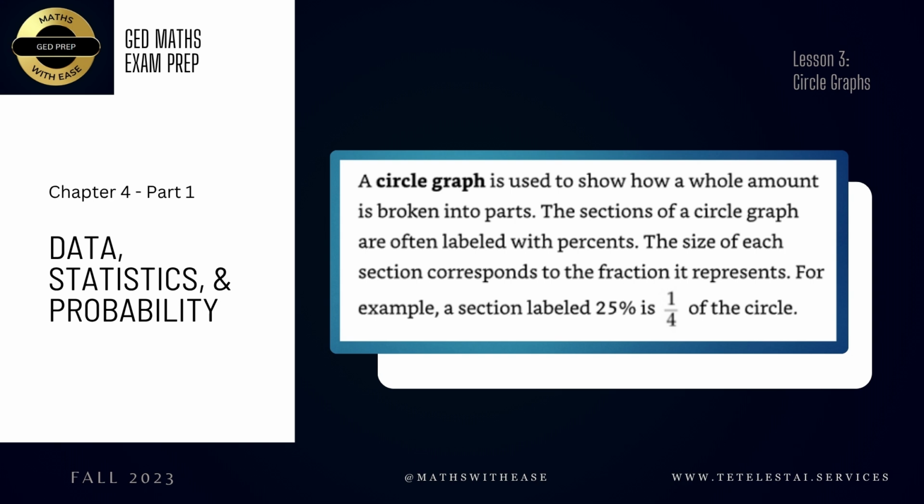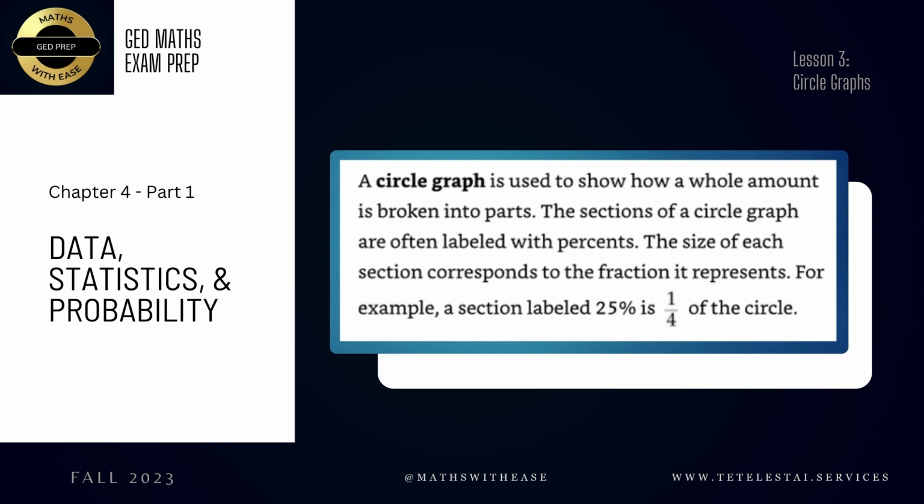So lesson 3 deals with circle graphs. And if you remember, we've seen this already. I think it was in chapter 2, where we were dealing with fractions and we were looking at pies, right? So that was an example of a circle graph.